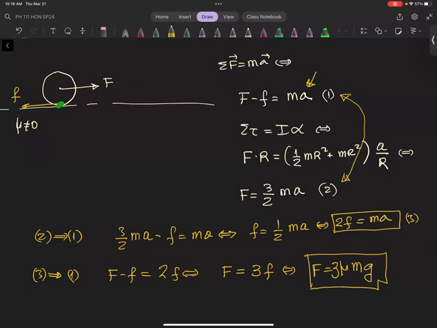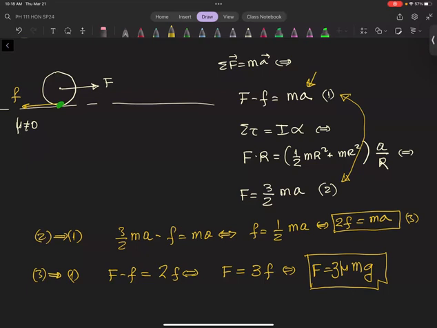What did we find here? We found the maximum force you can pull your yo-yo so that it does not slip. Given, of course, the coefficient of friction that you have.